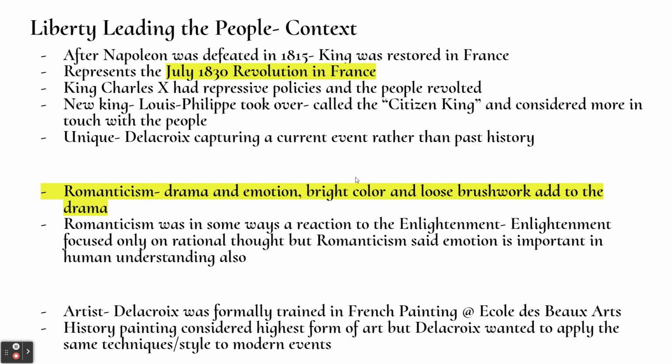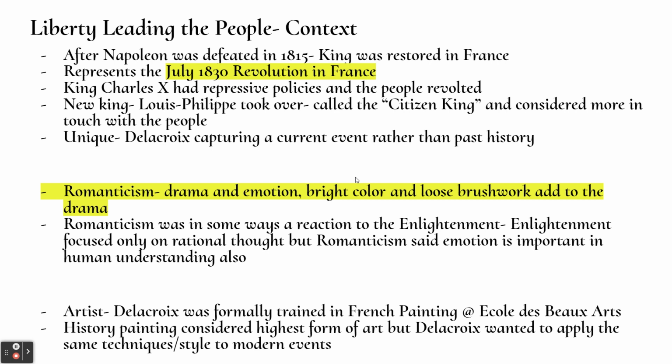So after Napoleon was defeated, they put a king back on the throne in France, which is kind of crazy because they had fought this whole bloody French Revolution, which you learn about in history class. Napoleon had come through and been an emperor. And now after that, we're just going to have another king. Like, even after we executed the king, it seems not quite right. And so this represents an event that took place after that.